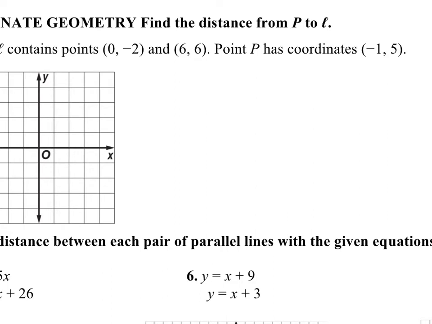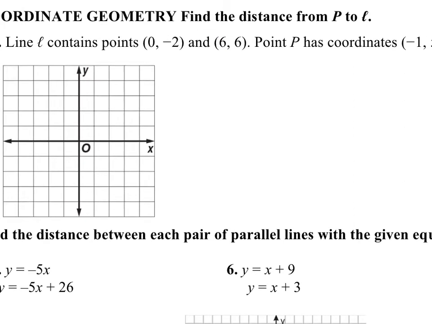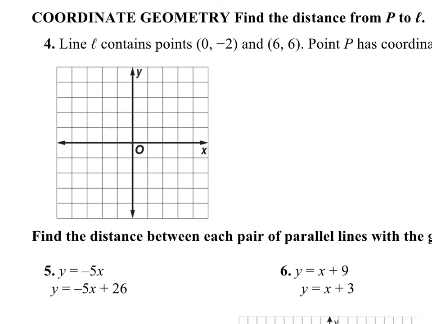And what we want to do is find the distance from this point P to this line L. So the first thing I'm going to do is plot these points for line L. So I'm going to plot the point (0, -2) here, and then I'm going to plot the point (6, 6). Now it's a little bit off the graph, so this is the point (5, 5) right here. So (6, 6) is up here. So we just got to deal with that. Sorry, I keep doing that to you, but sometimes the graphs that we're given aren't the best.